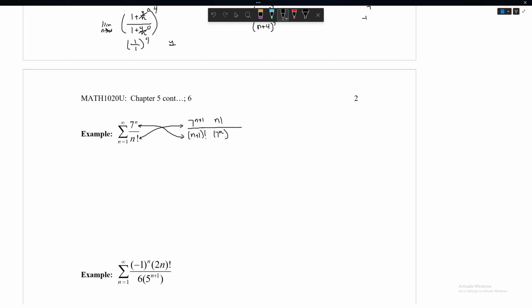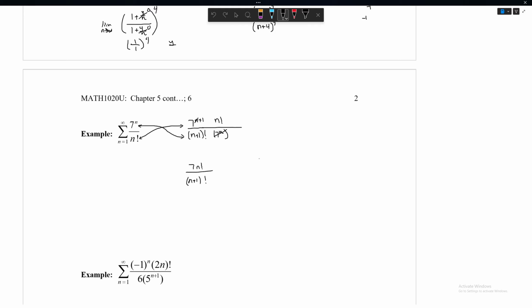Yeah, I just flipped and plugged them in. All right, multiplied. And so now when I get this, cancel things out. So 7 to the n cancels with the n, leaving the 7 to the 1. Now what I get here is 7 at the top, n factorial, and here I'll get (n plus 1) factorial.